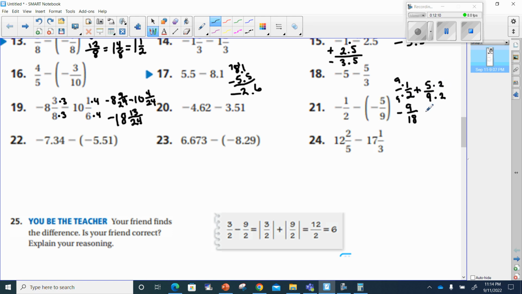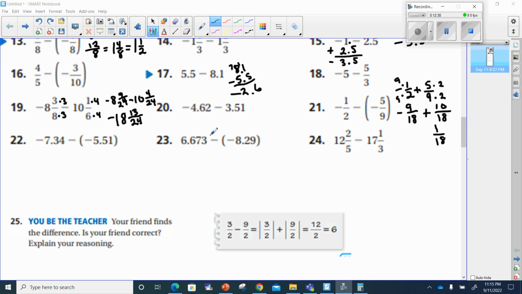And that's going to give me a positive 10 over 18. Now my denominator is the same. Remember, when my signs are different, I find the difference. 10 minus 9 is going to be 1. And 18 goes on the bottom. When my signs are different, I keep the sign of the bigger one, so that answer is going to be 1 over 18.